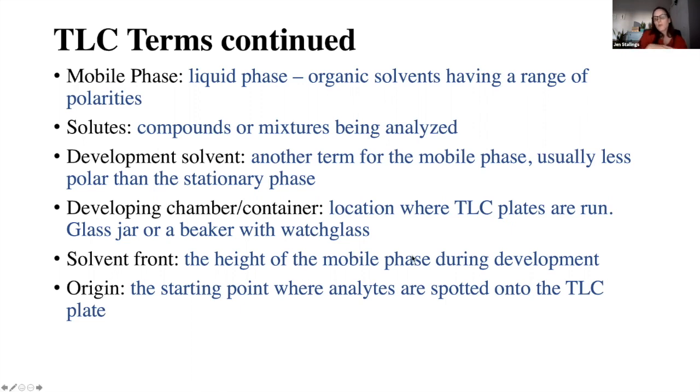You have to put a watch glass on because usually these development solvents are very volatile, and that means they're evaporating and producing vapor. So in order to stop them from evaporating, you have to have a closed system and put the watch glass over the top.